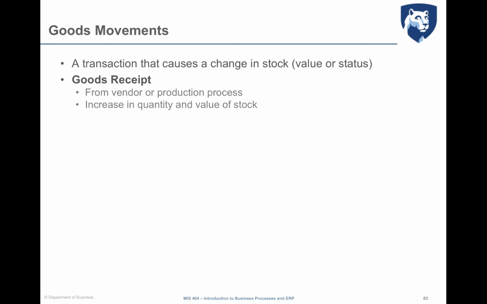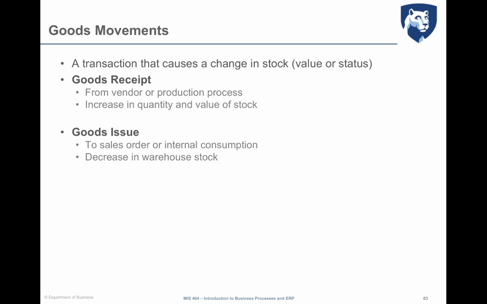The first one is goods receipt. Goods receipt simply records the receipt of material into storage, which results in an increase in inventory quantity. So I received some materials from a vendor, and the stock increases, which is the contrary of goods issue, because goods issue is used when materials are removed from storage, for example, to be sold to the final customer or to be used for production.